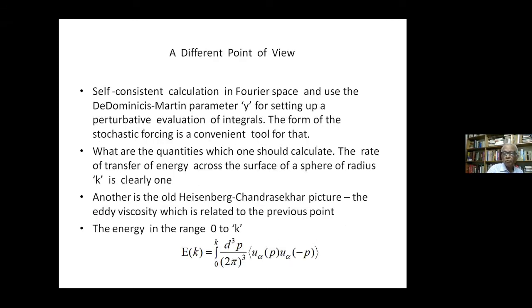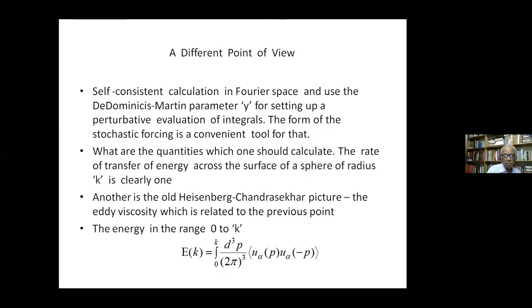And so, well, what are we going to do? It is this y which, as I said, De Dominicis and Martin introduced for setting up the renormalization group argument. We will claim that this parameter y is actually a very useful tool for just perturbative evaluation of loop integrals.